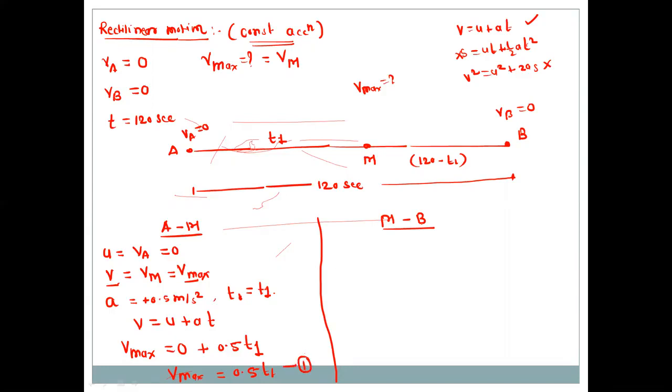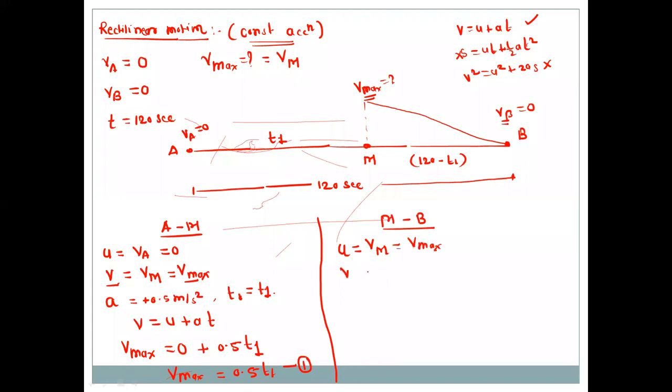Now consider the M to B motion. For M to B motion, the initial velocity will be the maximum velocity, because M is the starting point. After point M, velocity will reduce and it will finally become 0 at point B. So the initial velocity is the velocity of point M, that is the maximum velocity.